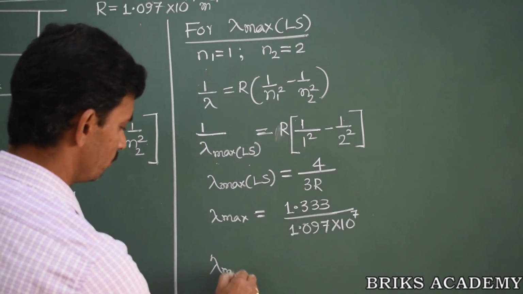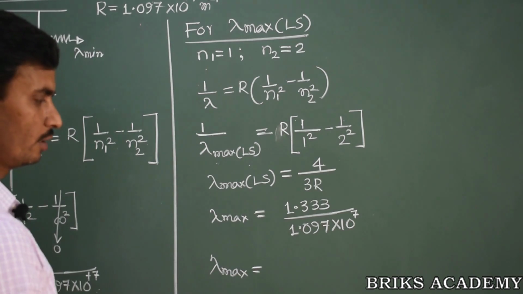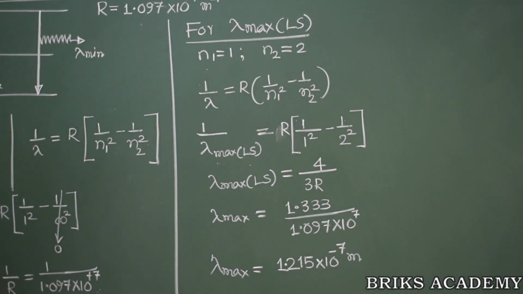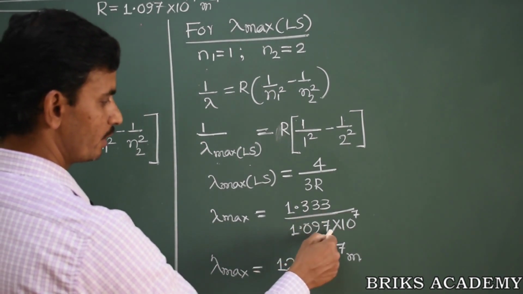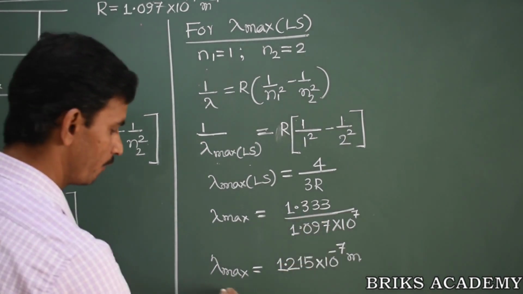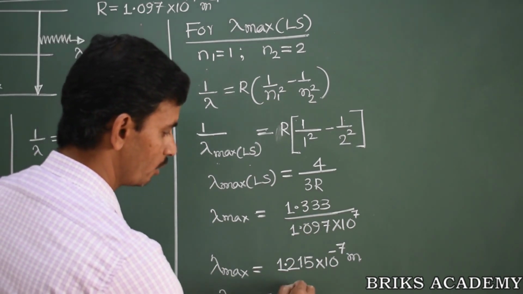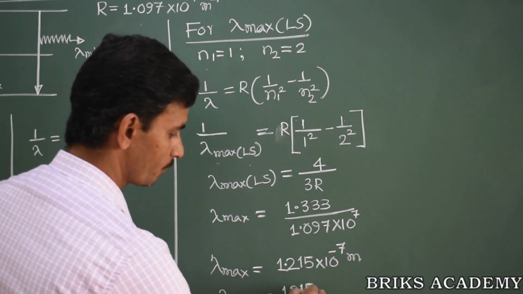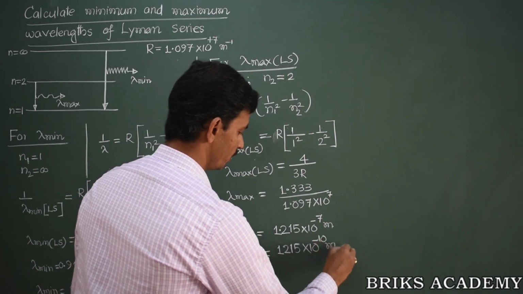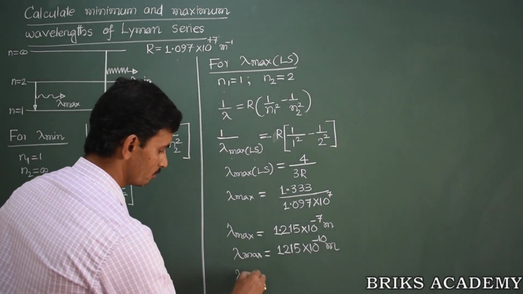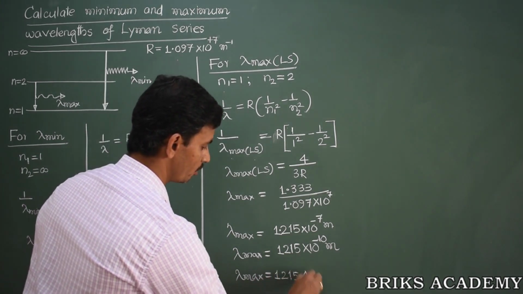So lambda maximum will approximately become, while dividing 1.333 by 1.097, we get 1.215, which when we convert into angstroms, we get 1215 into 10 to the power of minus 10 meters, which is 1215 angstroms.